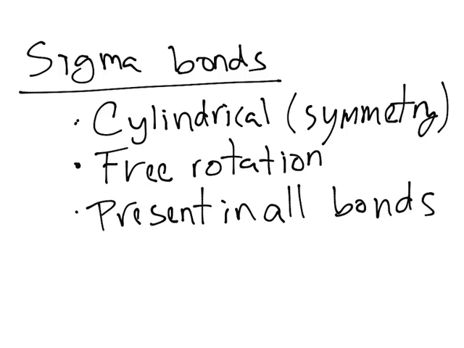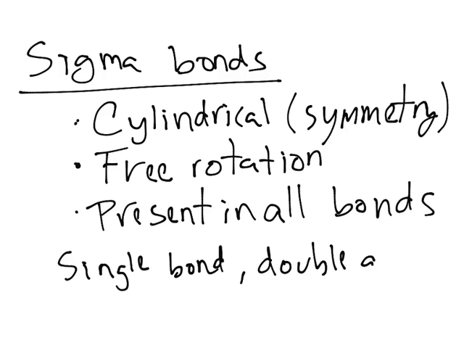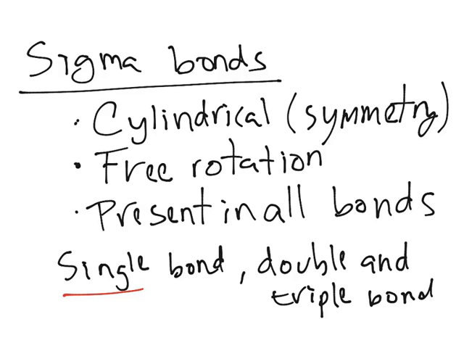So what I mean by present in all bonds is that a single bond, a double bond, and a triple bond have sigma bonds. Each of these has one sigma bond. So a single bond is just a sigma bond by itself. A double bond is a sigma bond and a pi bond, and a triple bond is a sigma bond and two pi bonds. And I will talk about pi bonds after I finish sigma bonds.